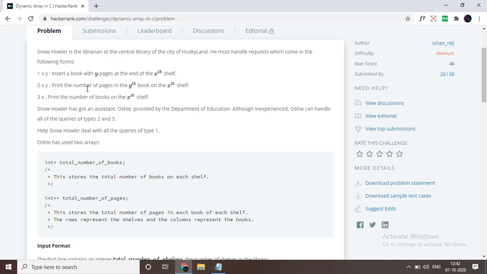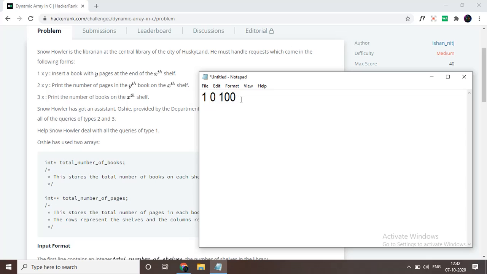2 x y means print the number of pages of the y-th book in the x shelf. For example, here some shelves are there: 0, 1, 2, 3, 4. In those shelves there are a number of books. First book, second book, third book, like this. Here 2 books are there, here 1 book, here 2 books, here 3 books.